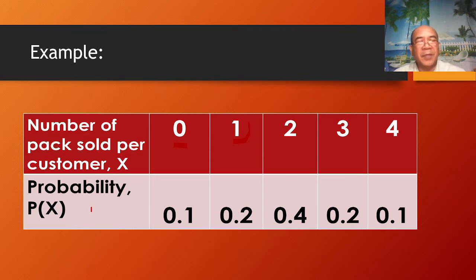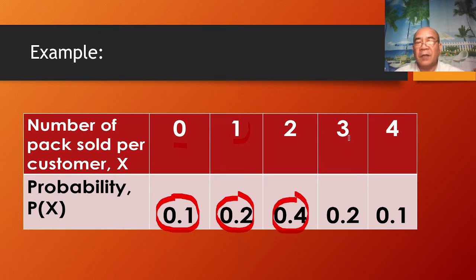And the probability, denoted by P of X: for 0, it has a value of 0.1; 1 is 0.2; 2 is 0.4; 3 is 0.2; and for the number of packs 4, it is equivalent to 0.1.